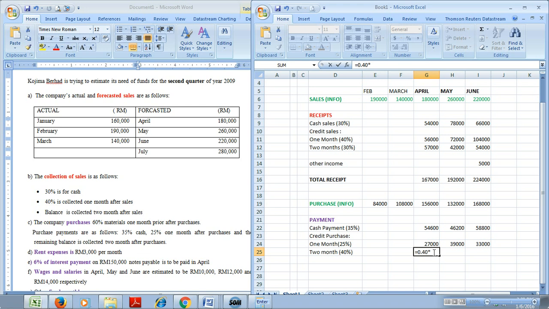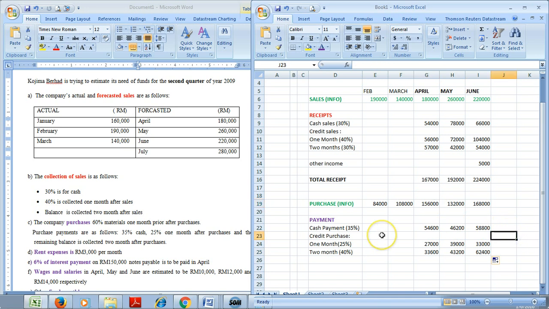You times with, if 2 months, don't take May or March, because 2 months is what? February purchase. The same step like sales just now. Times 84,000, then you get this. So do the same step for the others as well. Alright, so this is 0.4. You times with 108, because 2 months. Then 0.4 you will times with 156.